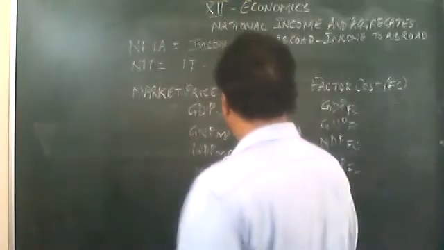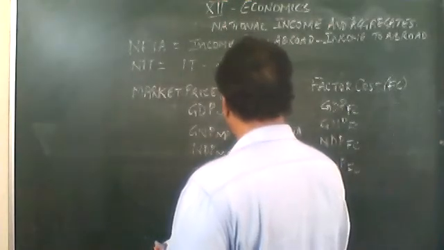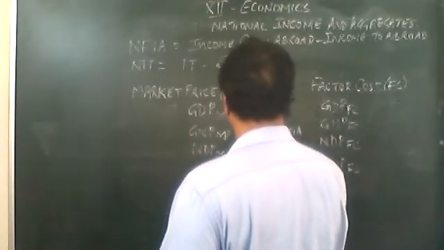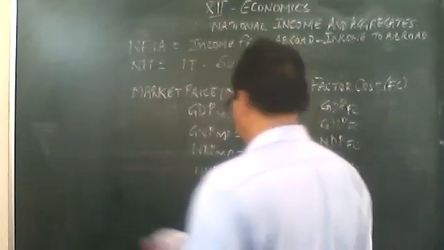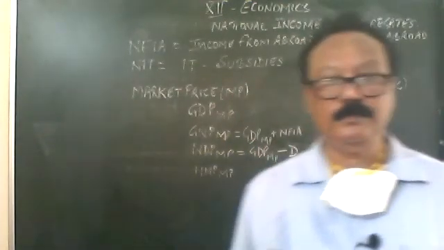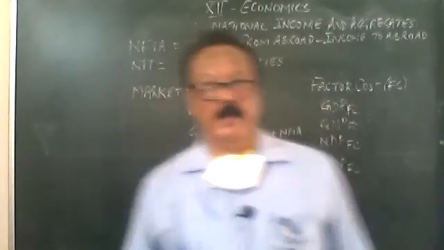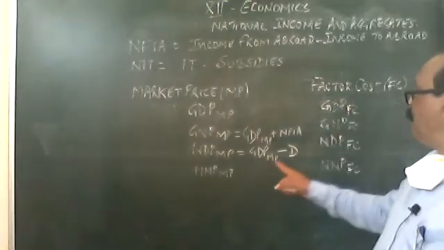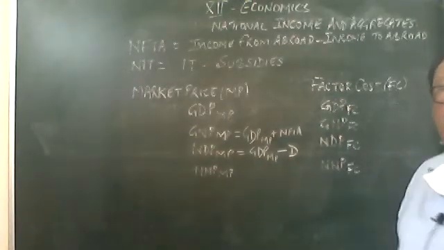So NDP at market price would be GDP at market price minus depreciation.